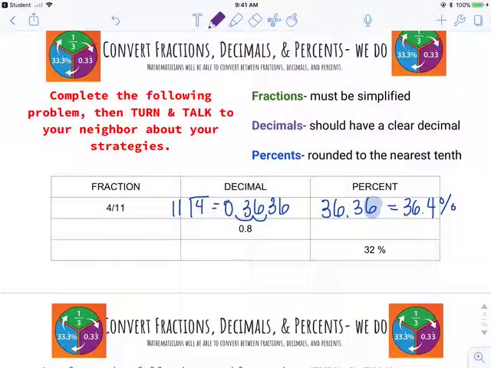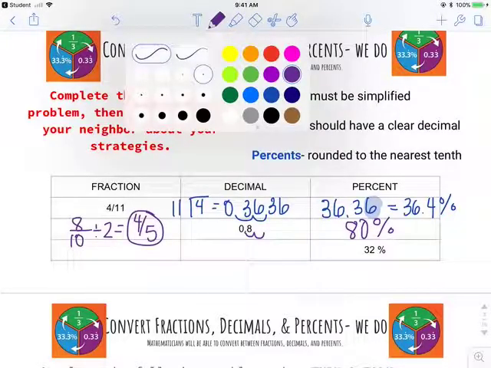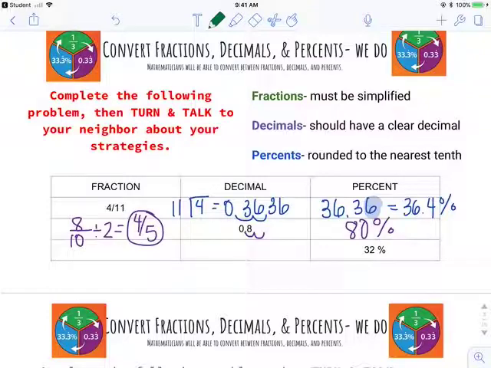Second set of boxes, I start with a decimal. I'm going to go ahead and easily make that a percent by moving 2 places to the right. When I have a blank, I get a 0 in that blank, so that's 80%. And then I'm going to read it as 8/10 for the fraction, simplify by dividing by 2, and get 4/5. And then our last row in this chart, we're starting with a percentage.